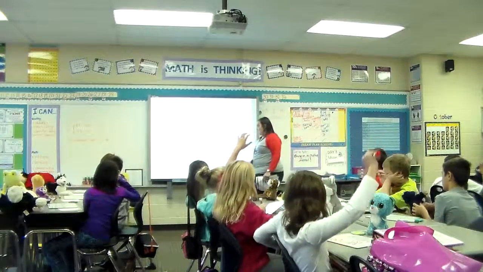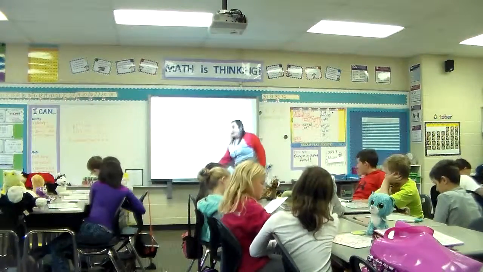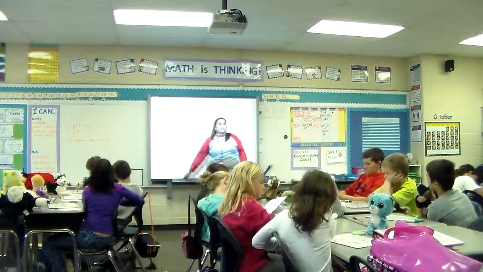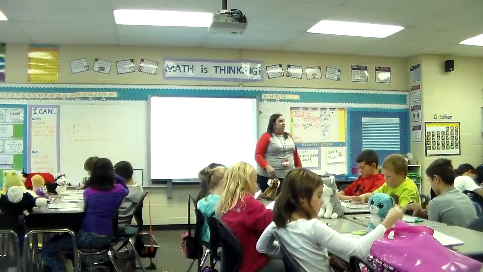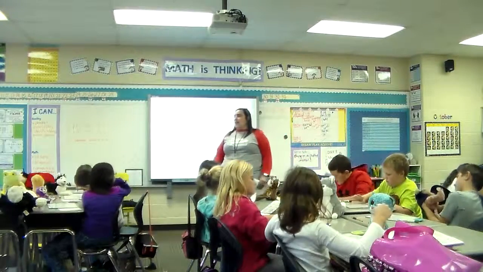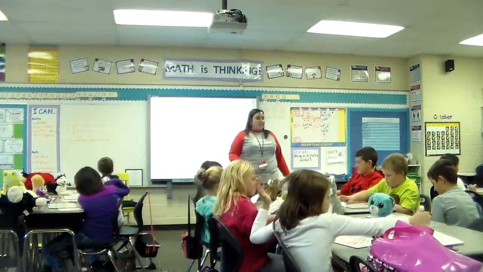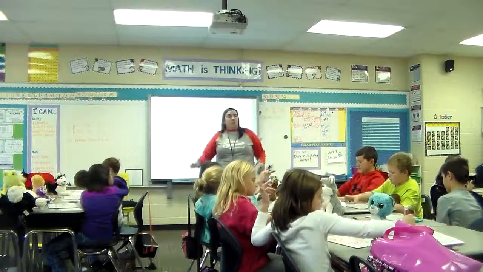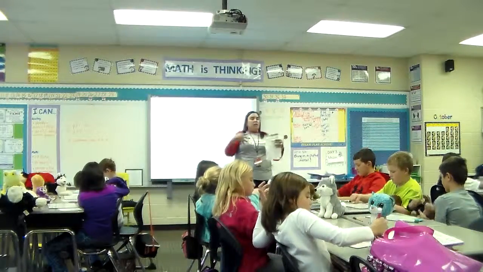Jeremiah? 8. 8 is the greatest common factor with 16 of itself. So that tells you 8 and 16 are going to have a lot in common, because that is the greatest common factor of itself in this purpose.